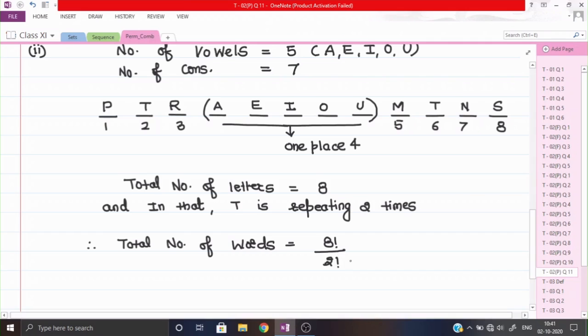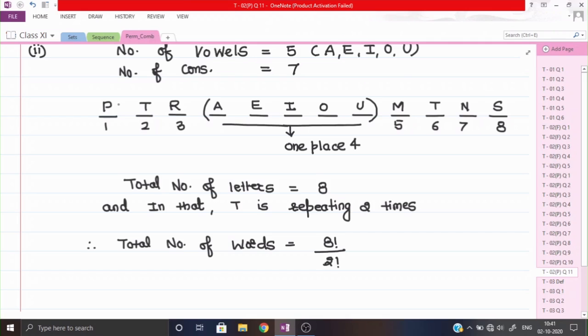This factorial 8 upon factorial 2 shows the outer arrangement, meaning this group goes to another place. Suppose it is right now at the fourth place, it may go to the fifth or sixth place, or these letters M, T, N, S may change their places. It shows that kind of arrangement. But the internal arrangement, where the vowels can change places, we did not include.